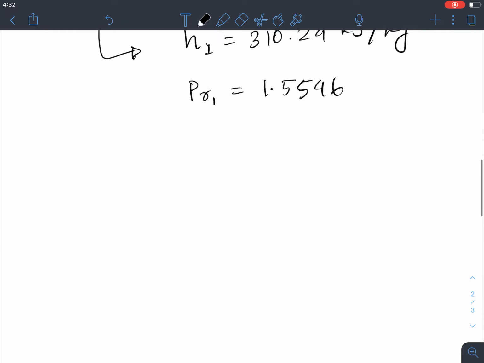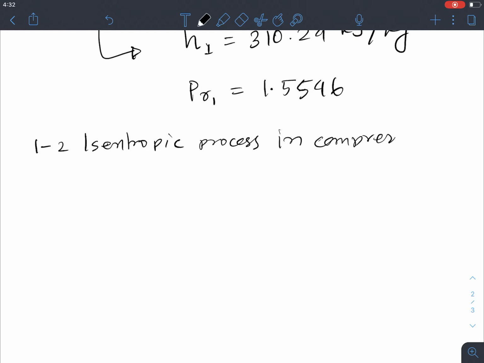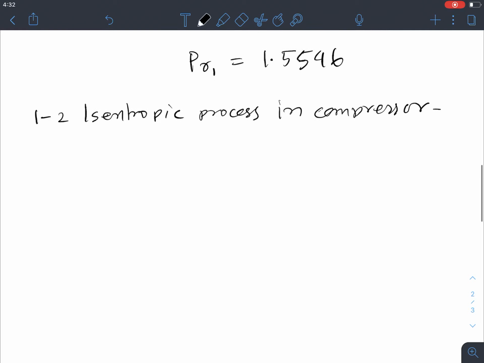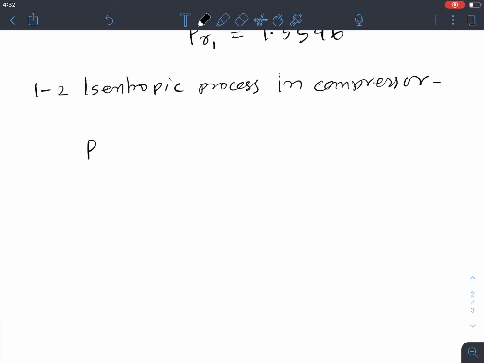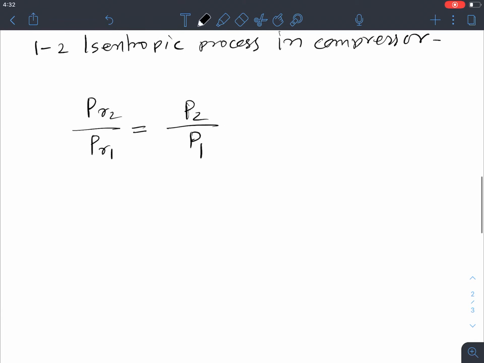And then the relative pressure PR1 at T1 is 1.5546. Now for the isentropic process, let's consider this ideal case, 1 to 2s, the isentropic process in the compressor. We can write this formula: PR2 divided by PR1 equals P2 divided by P1, right?